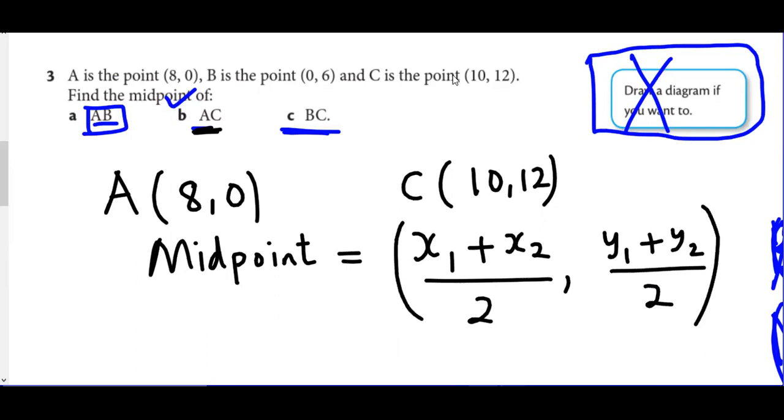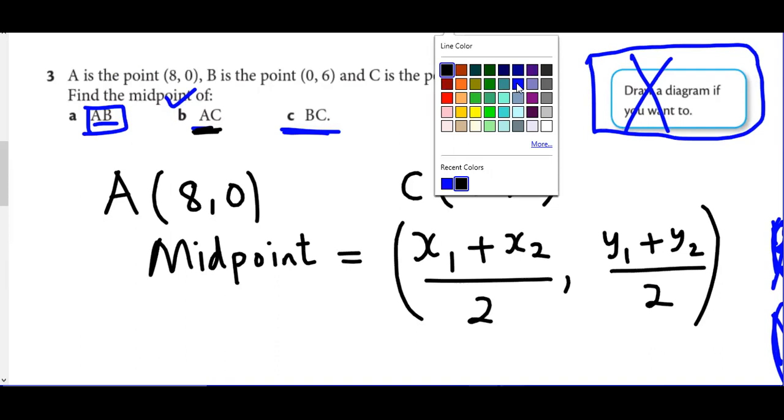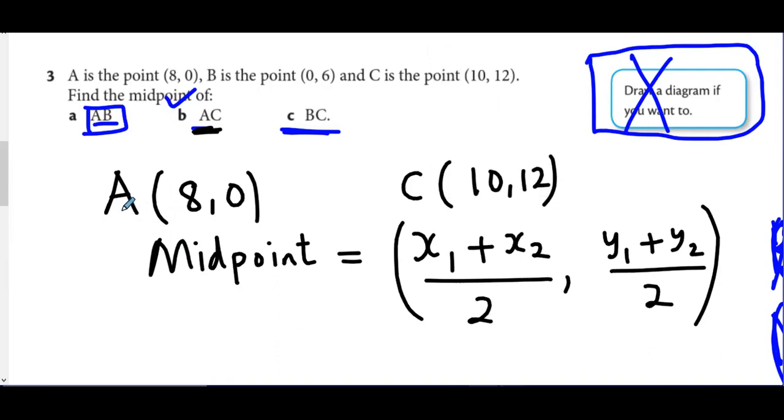Now, how do we move on with this formula? It's easy. You come back here at point A. You label this number as x1, and you label this number as your x2. What did I say? If this 8 is x1, this 0 will be labeled as y1. If this 10 is labeled x2, automatically this 12 will be y2.